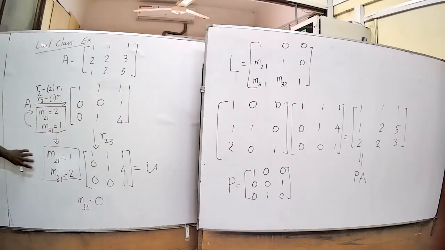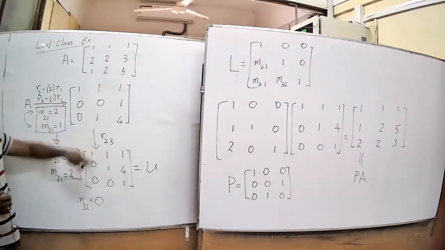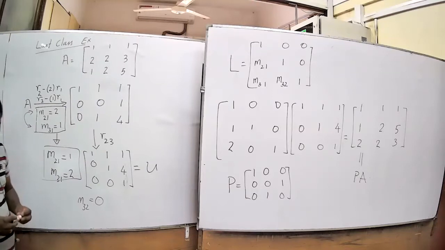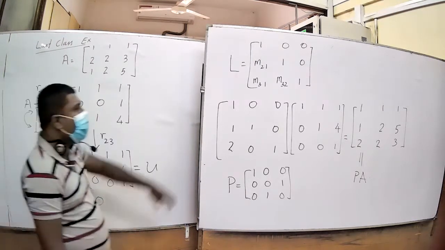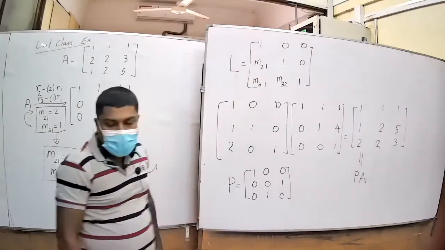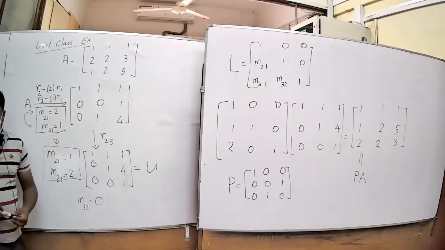So please go back and correct it. Whenever I am interchanging the rows in Gaussian elimination at a certain step, I have to look at the M's as well. They also have to interchange whenever I do the row operations.